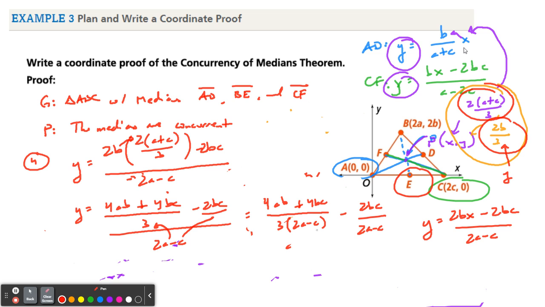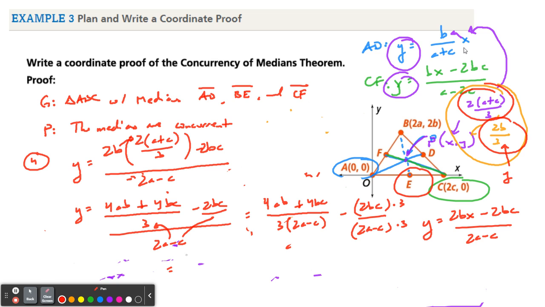And in order to combine these fractions, we need the same denominator. I see a 2a minus c and a 2a minus c. This second fraction is just missing a 3. So put that in parentheses, multiply the top and bottom by 3. So now what you're going to get is the following, and I'll put it right here. So this will all combine into one big fraction.